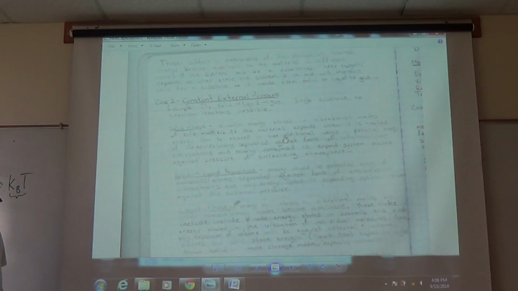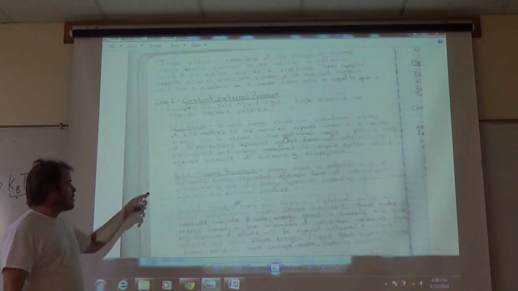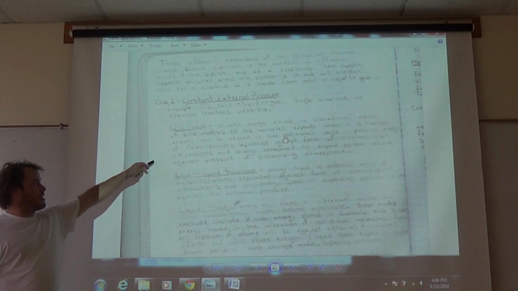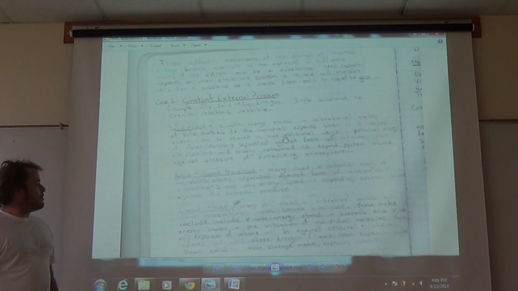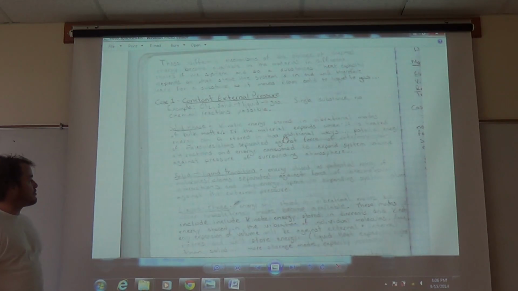Also, if there were a volume change in moving from solid to liquid, you'd have to pay for that volume change as well, due to any external forces and from an external pressure. So, solid to liquid transition stores energy in the same ways that the solid phase does with heat.